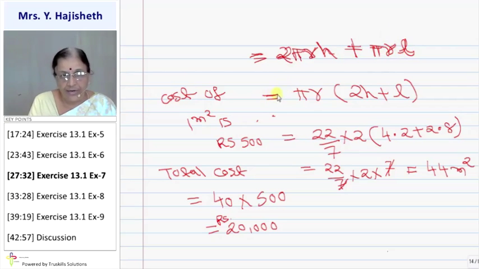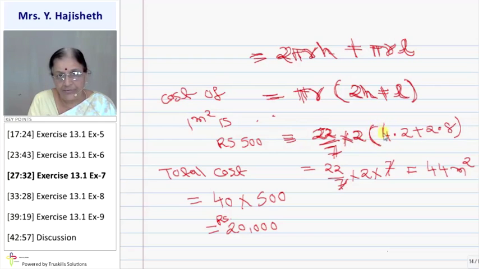So if I take out pi r common, in the bracket will come 2h plus L. Put the value. For pi you put 22/7. For R you put 2. For 2H it is 2.1 into 2, so 4.2.